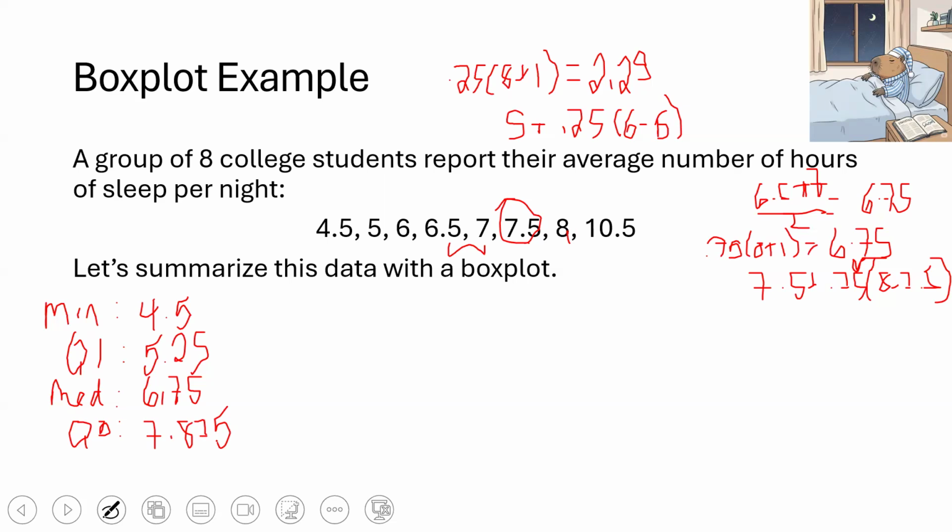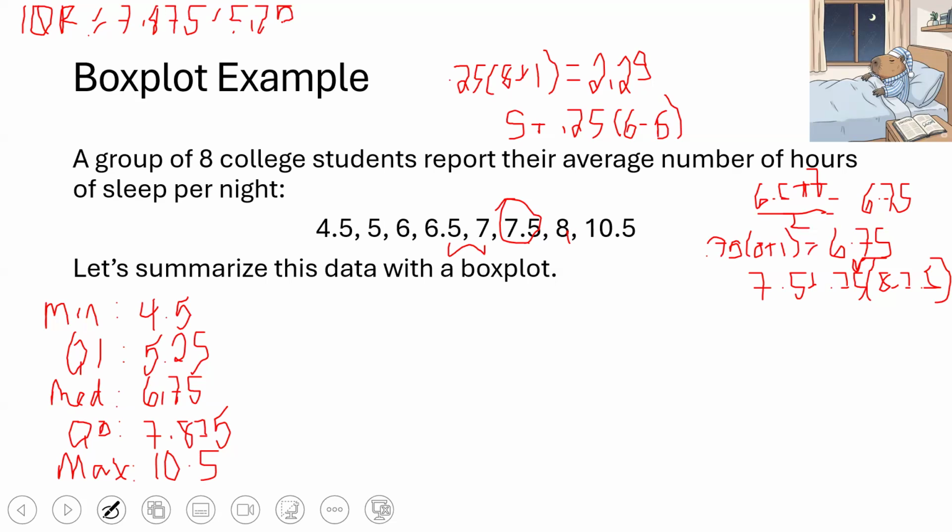All right, max is like 10.5. That's our highest data value. There's our 5-number summary. Now, it's also going to help us to have the IQR because we got to get fences. So my IQR is Q3, which is 7.875, minus Q1, which is 5.25.